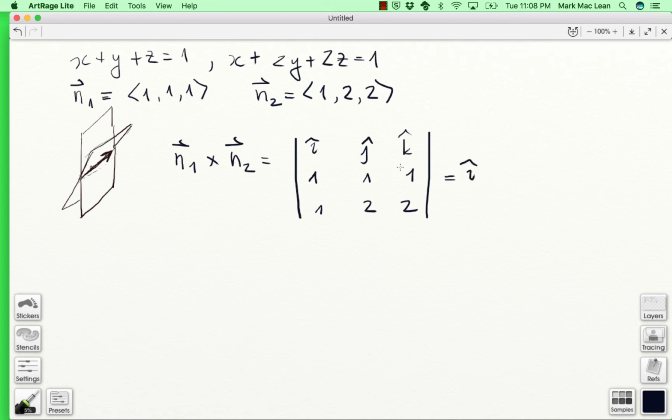So there's i hat times 2 minus 2 is 0, and then minus j hat times 1 times 2 minus 1 is 1, and then plus k hat times 1 times 2 minus 1 is 1.